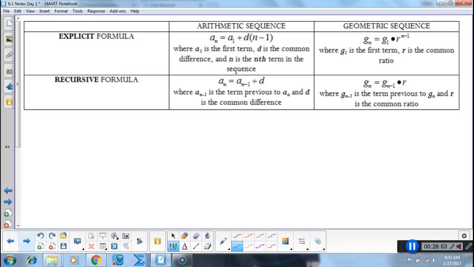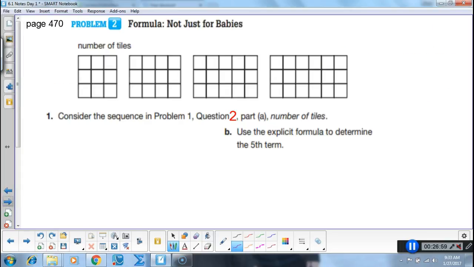Now, we're jumping off of the note sheet and into your textbook on page 470. We're going to jump in a little goofy here, on problem number 2. We skipped over problem number 1, so it's going to ask us to go back to what we previously did.